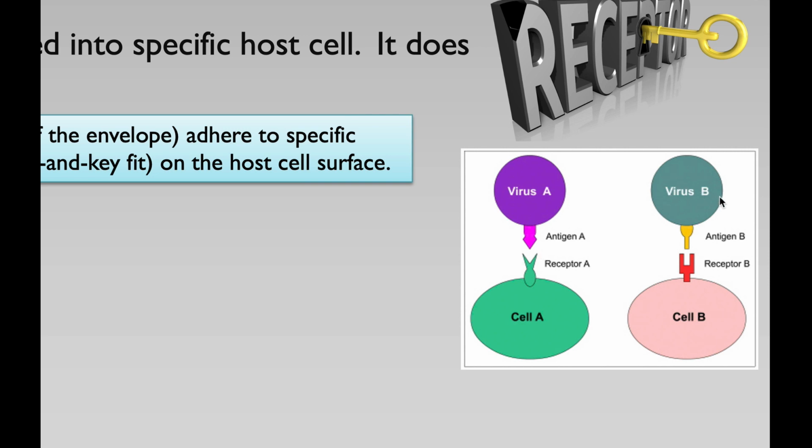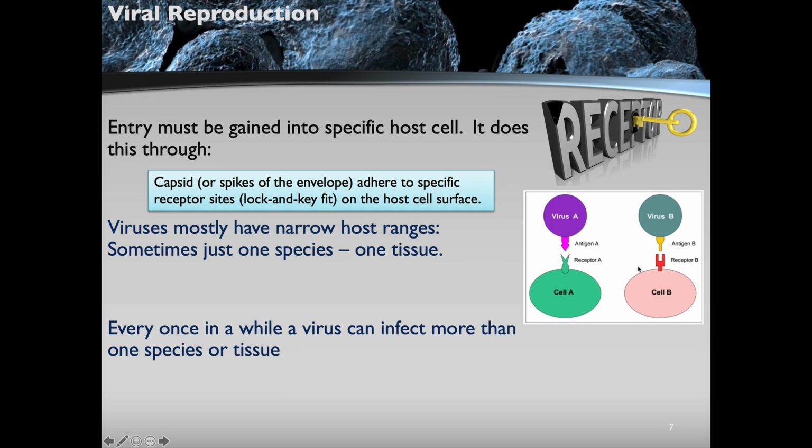The same thing for virus B and cell B here that it's infecting. Virus B has an antigen that sticks directly into receptor B, a lock and key fit. But if you tried to infect cell A with virus B, you could not do that because this would not fit into this receptor. Same thing with virus A infecting cell B. This antigen would not fit in this receptor here.